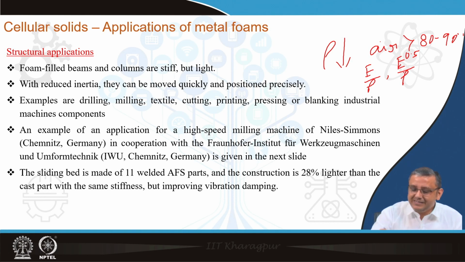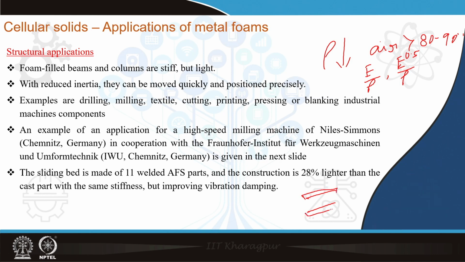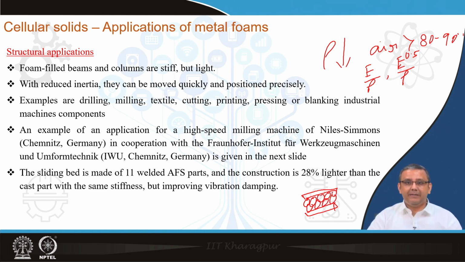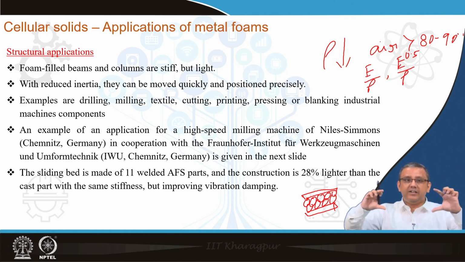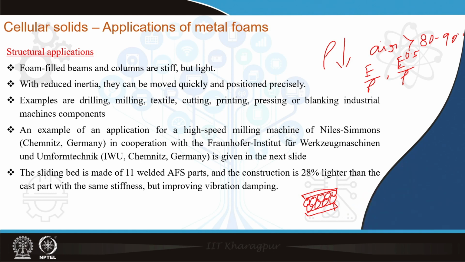That means this is a part where there are two bulk solid faces interspersed with the foam. This is called the foam sandwich part. You have two solid surfaces, and between them is the foam region.